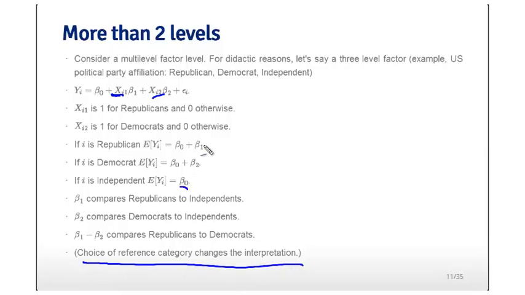Then the beta 1 and beta 2 from the model would correspond to comparisons relative to the Republican reference category. Now, because we omitted the independent xi, everything is interpreted relative to the independent reference category. Okay?